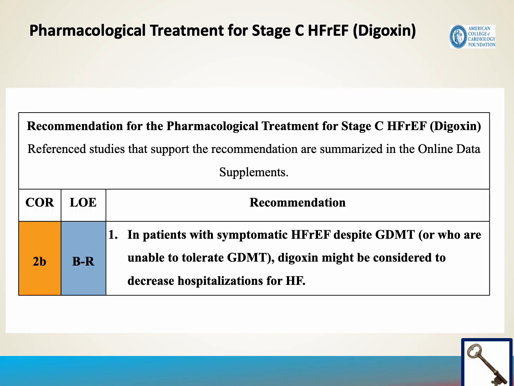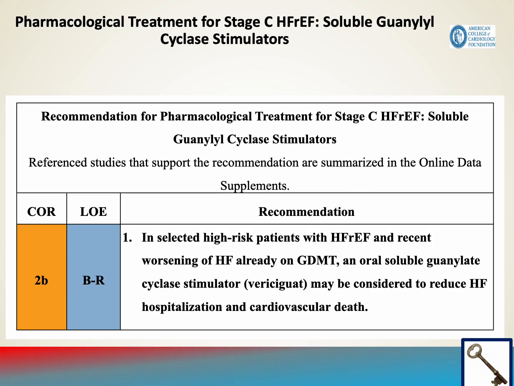The role for digoxin is more limited, but it might be considered to decrease hospitalization if you've done maximal dosing of everything else we've talked about so far. Same is true for soluble guanylate cyclase stimulators. They have a role, but it's somewhat limited.